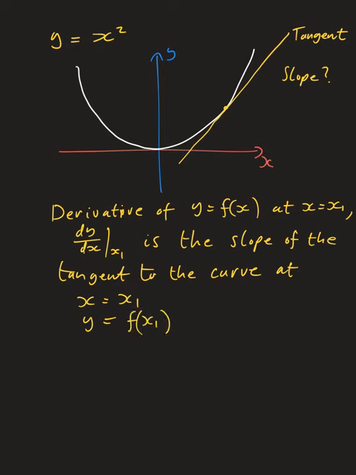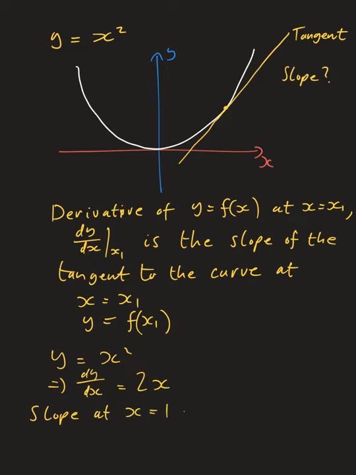So we have all kinds of techniques like product rule and chain rule and all kinds of formulas for calculating derivatives. But all we're actually doing when we calculate that, what all these formulas are doing for us, is telling us what is the slope of the tangent to a curve at a given point. That is the derivative of the function at that point.